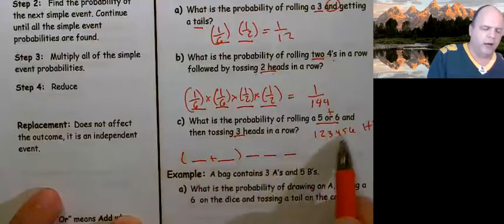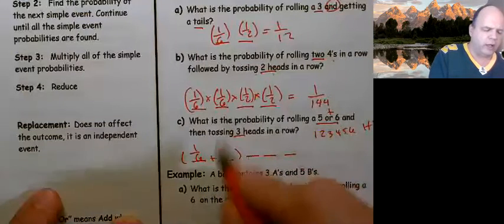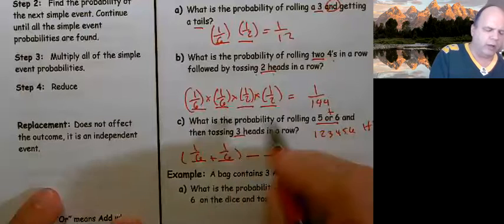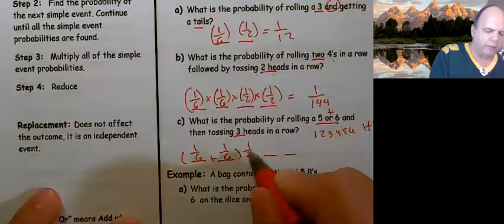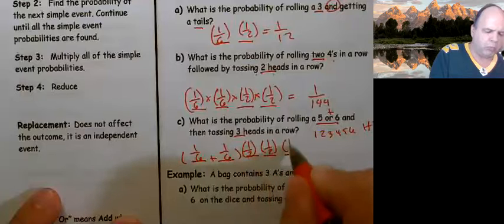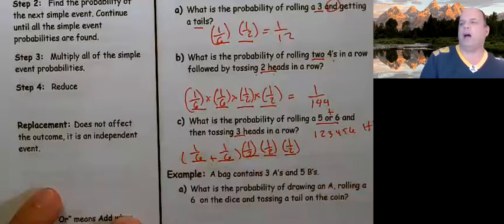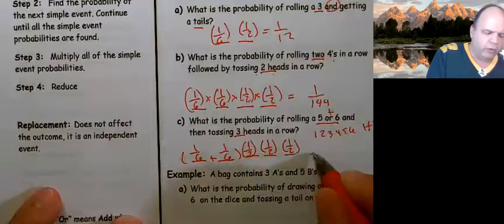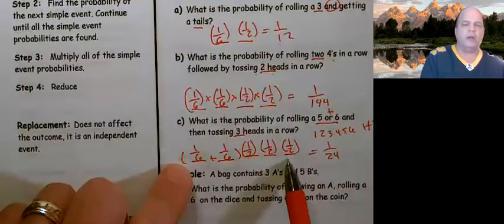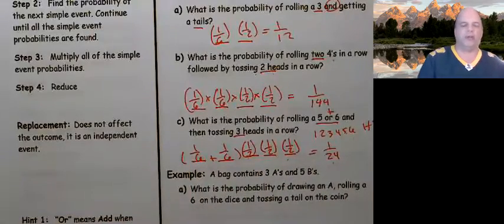The probability of a 5 is 1 out of 6. The probability of a 6 is 1 out of 6. And the probability of a heads is 1/2, and I need 3 of them. And when I multiply all of that out, it reduces to 1 over 24. And once again, if I'd shown this and then went to a decimal, that would have been a full credit answer.